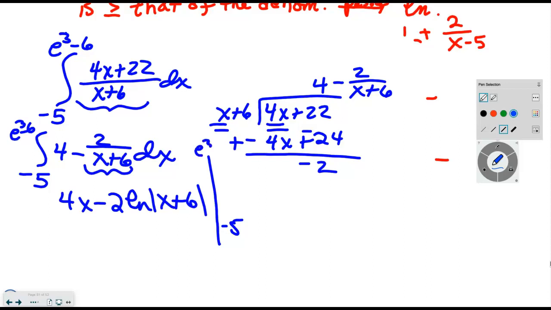And then I have an e cubed minus 6, and now I get that choice as well. All right, so let's go plug in the e cubed minus 6. 4 times e cubed minus 6, kind of ugly, minus 2, natural log of what? Natural log of?